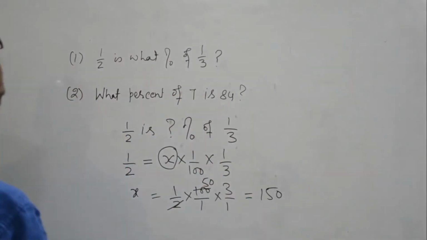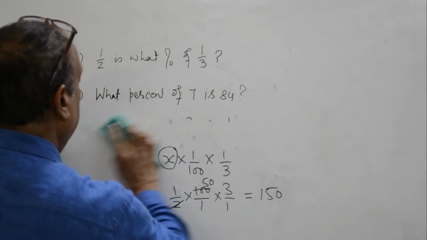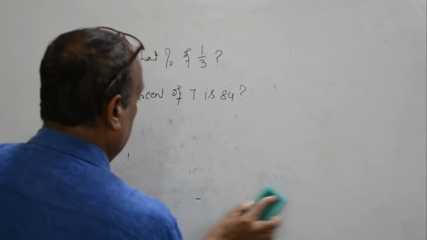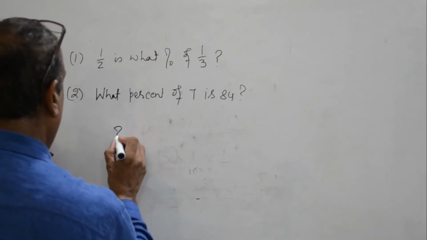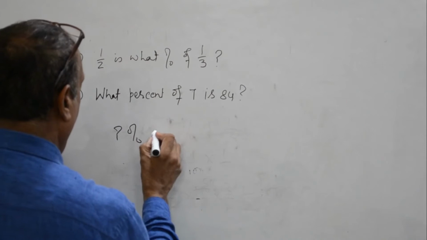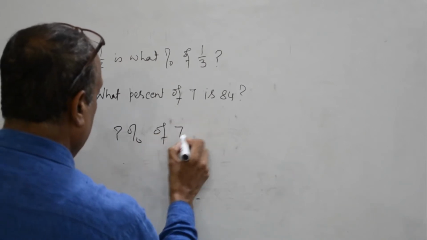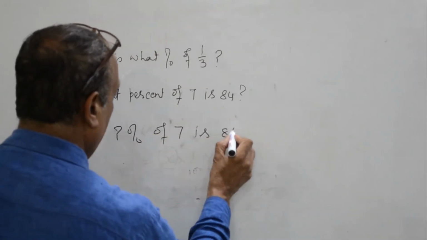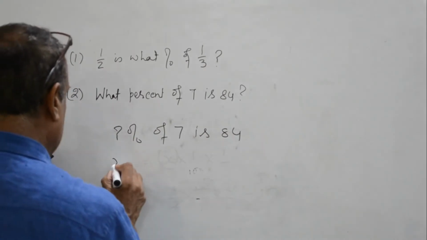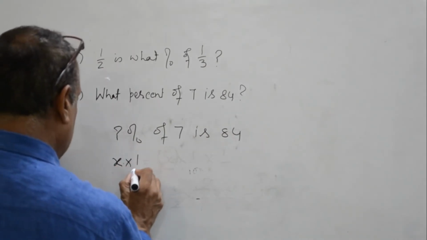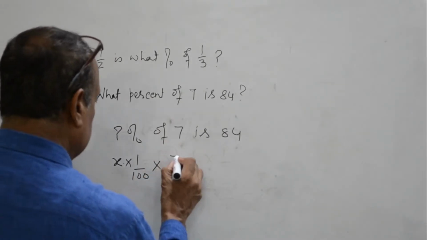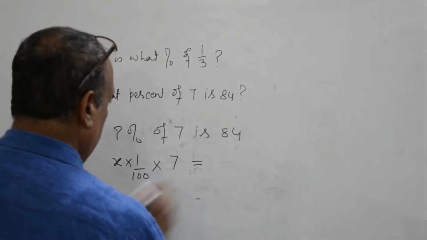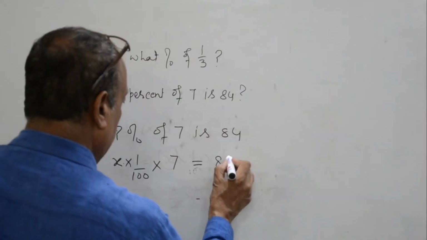Now let us come to the second statement. It is, what percent of 7 is 84? Question mark means x, percent means multiply it by 1 upon 100, of means multiply, 7 is 7, is equal to, and it is 84.